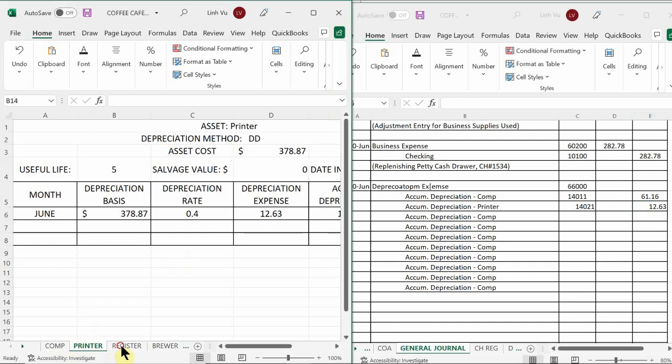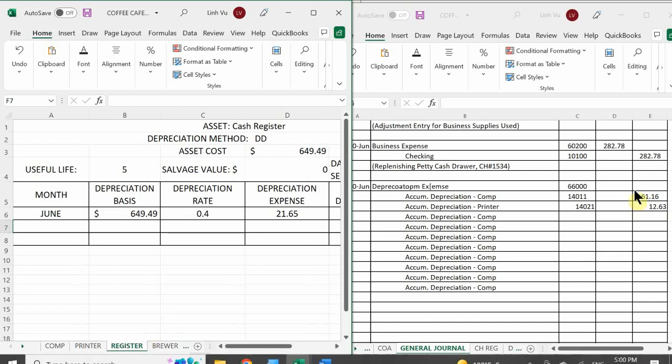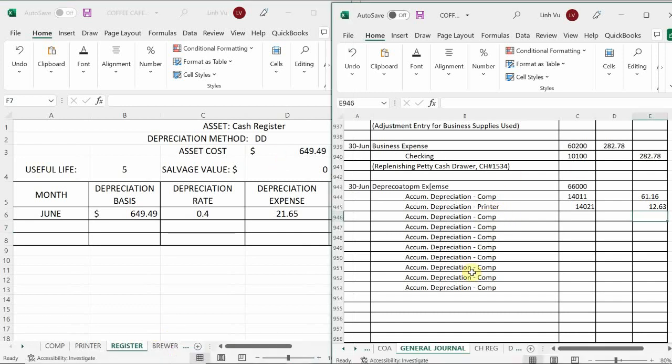For my register, I calculated a total of $21.65. What I've done here is copy all of those things because I don't want to type it out, and I'm going to modify it. So this is accumulated depreciation for the register. Another shortcut you can use to save some time.